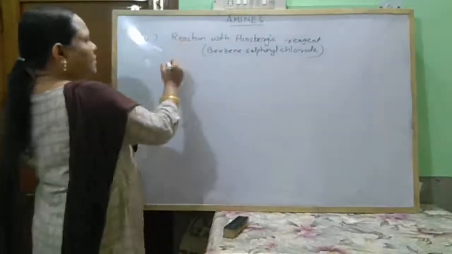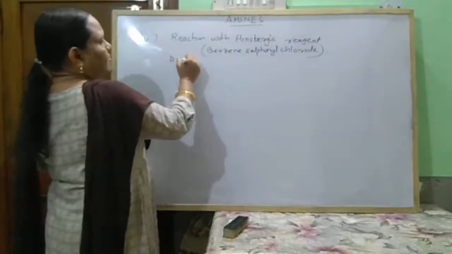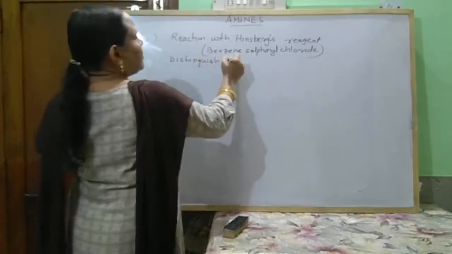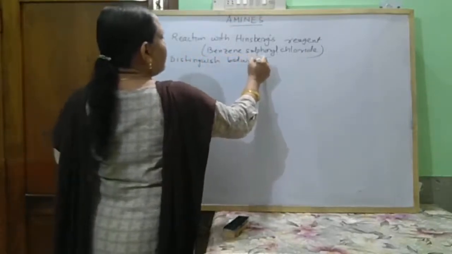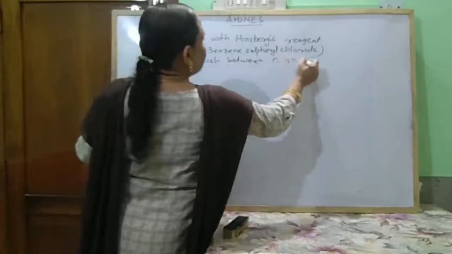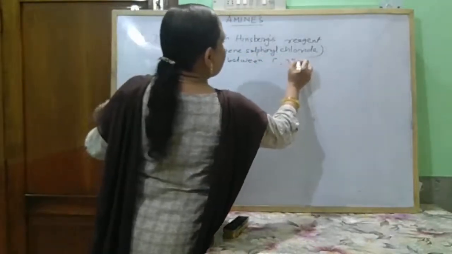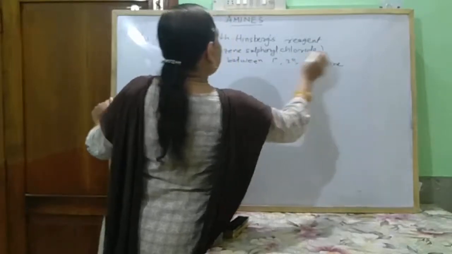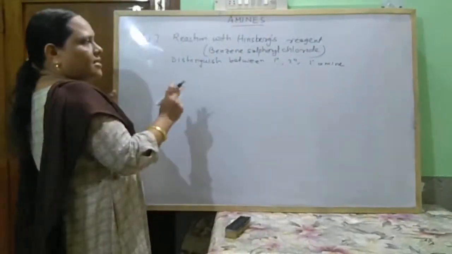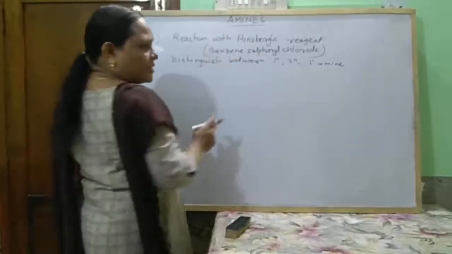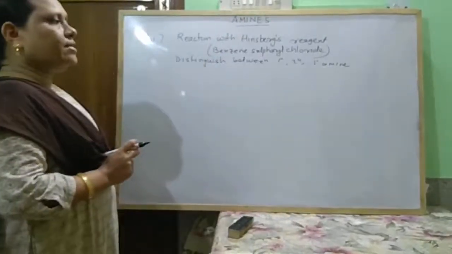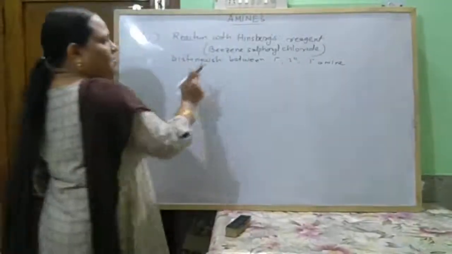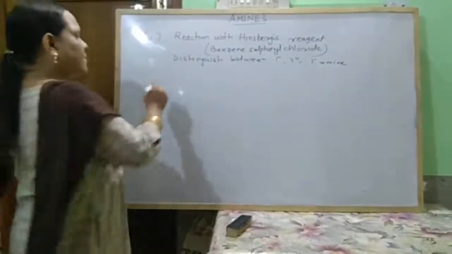This is used to distinguish between primary, secondary and tertiary amines. They react differently with Hinsberg reagent in presence of aqueous KOH, so in this way, they can be distinguished.